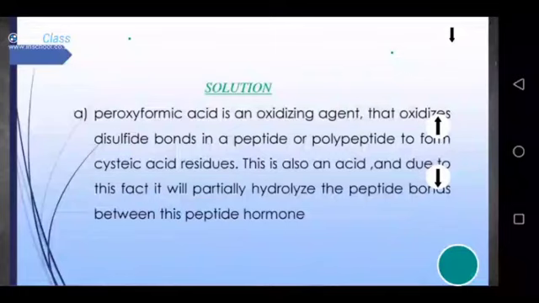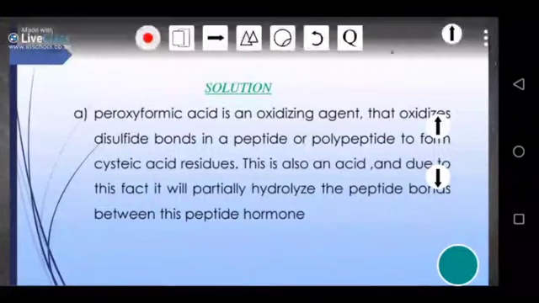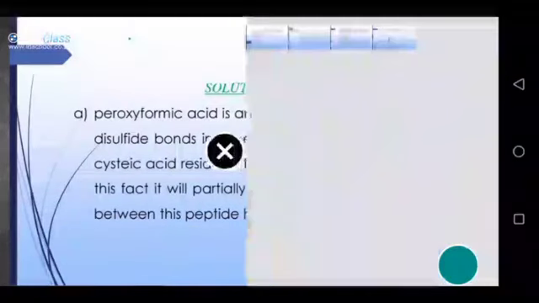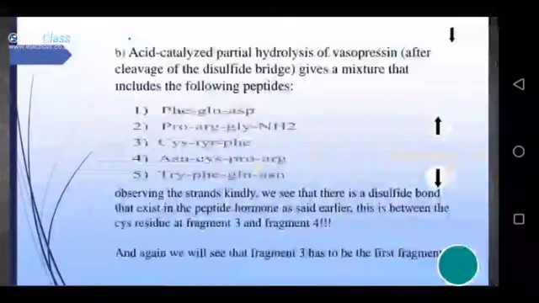The question may be asked for 2 marks or so, depending on the examiner. So that is all for the A part. We move to the B part of the question.